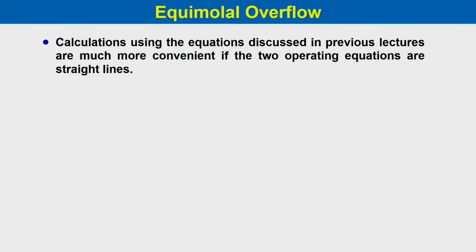Calculation using the equations discussed in our previous lectures is much more convenient if the two operating equations are straight lines. Both the rectifying section operating line and the stripping section operating line, if they are straight lines, it would be much easier for the calculation.